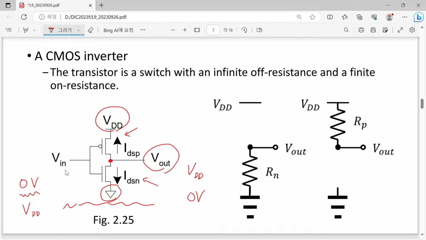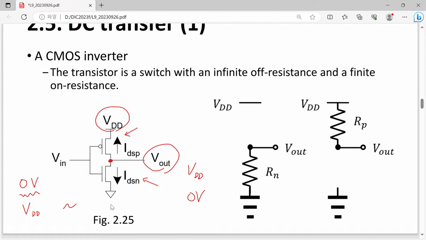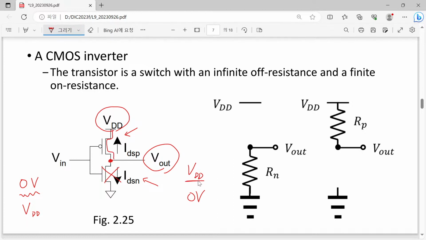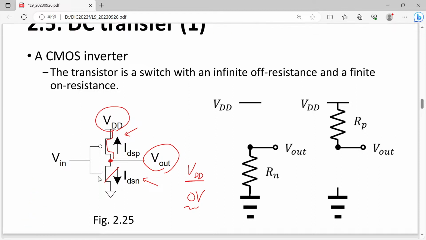In this case, if we apply 0 volt, now our NMOSFET is completely turned off, and instead our PMOSFET is fully turned on. So we have a good electrical connection between VDD and Vout. So it becomes VDD. The same applies to the VDD and 0 relation. I think that all of you understand this one.